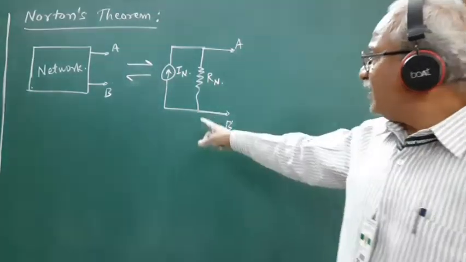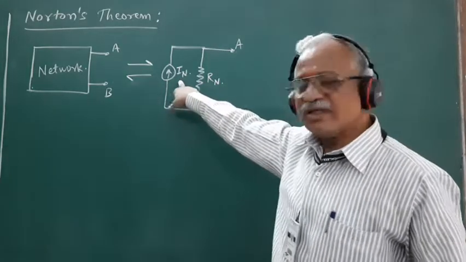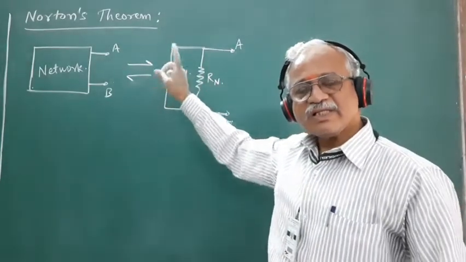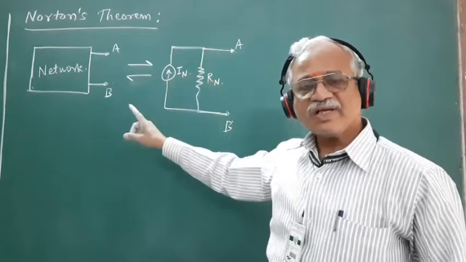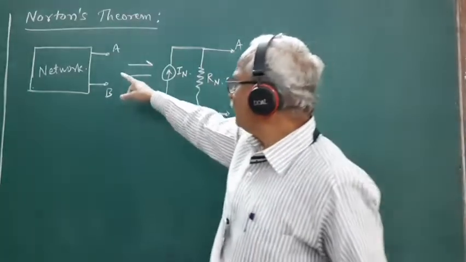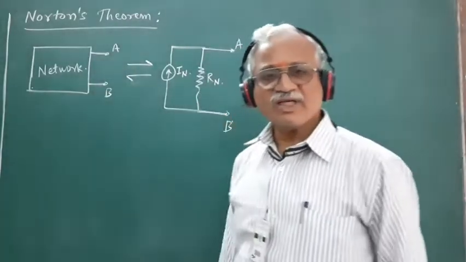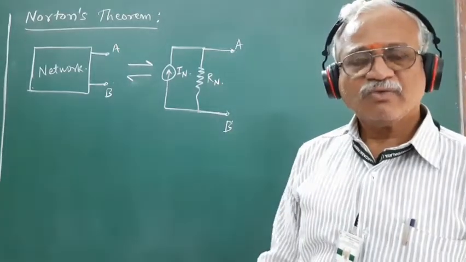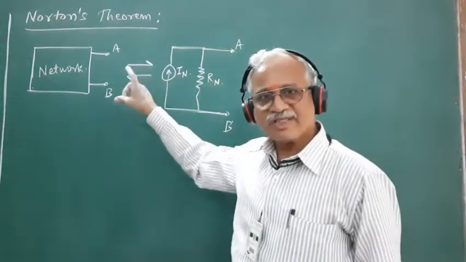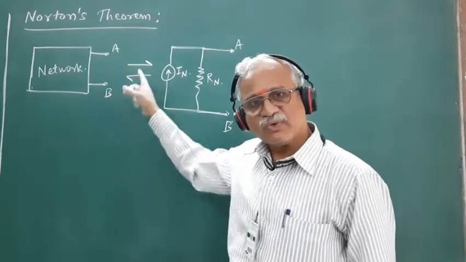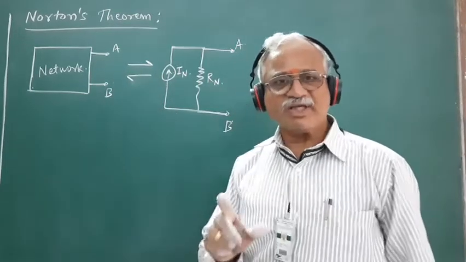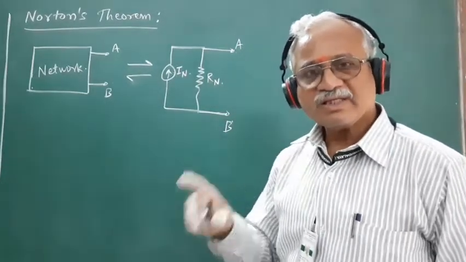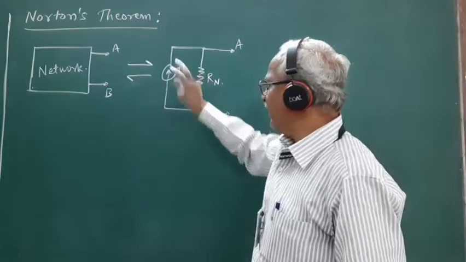The value of this constant current source is nothing but the short circuit current that will flow through the terminals A and B. When we put a short across the terminals A and B, whatever current flows through this short circuit is the value of IN.